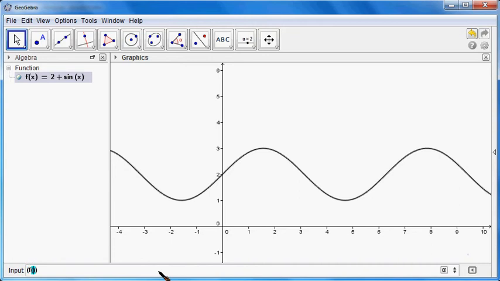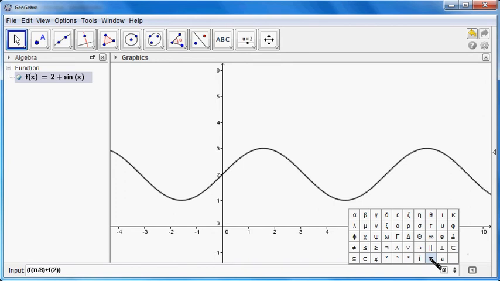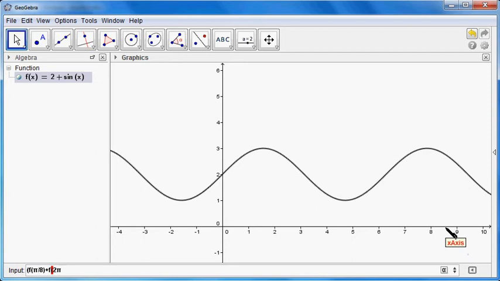So you have f of, the first right endpoint would be pi over 8, then plus f of 2 pi over 8, plus f of 3 pi over 8, plus f of 4 pi over 8, then multiply by pi over 8.